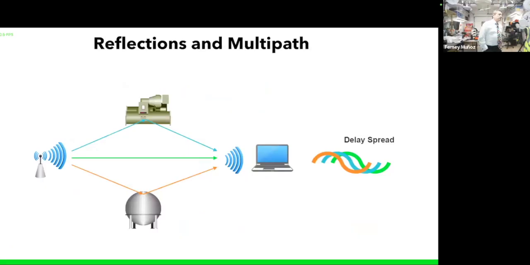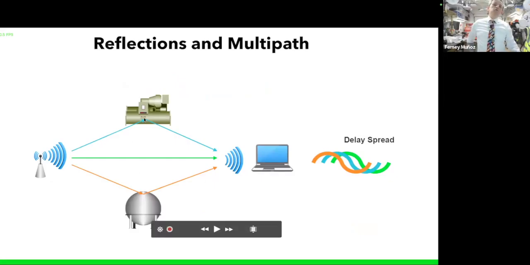These waves may, as you were mentioning, have a negative effect in water. If you have metal structures, these waves may bounce and have reflections and have multipath. You have a transmitter and you have metal structures, then boom, you hit those structures and those waves bounce, and then they may get to the destination at a different time.